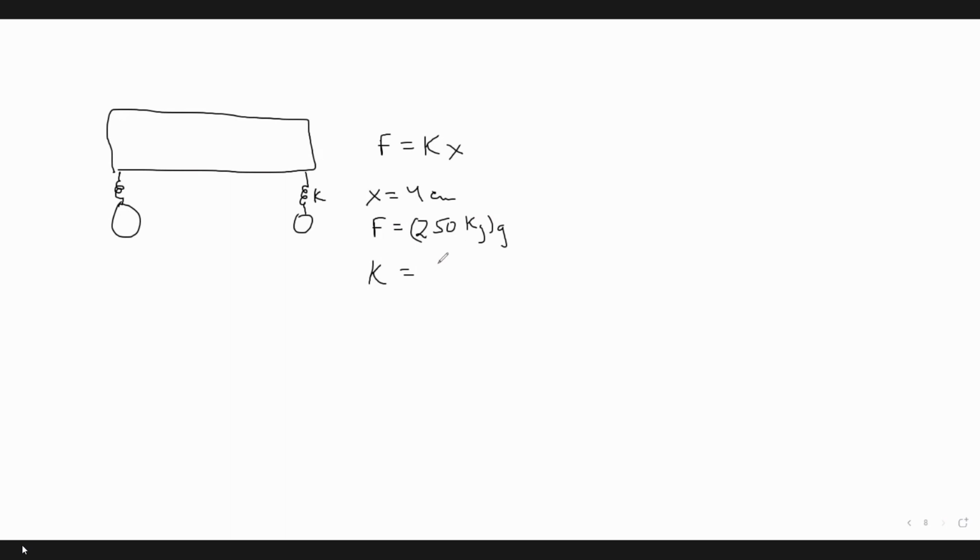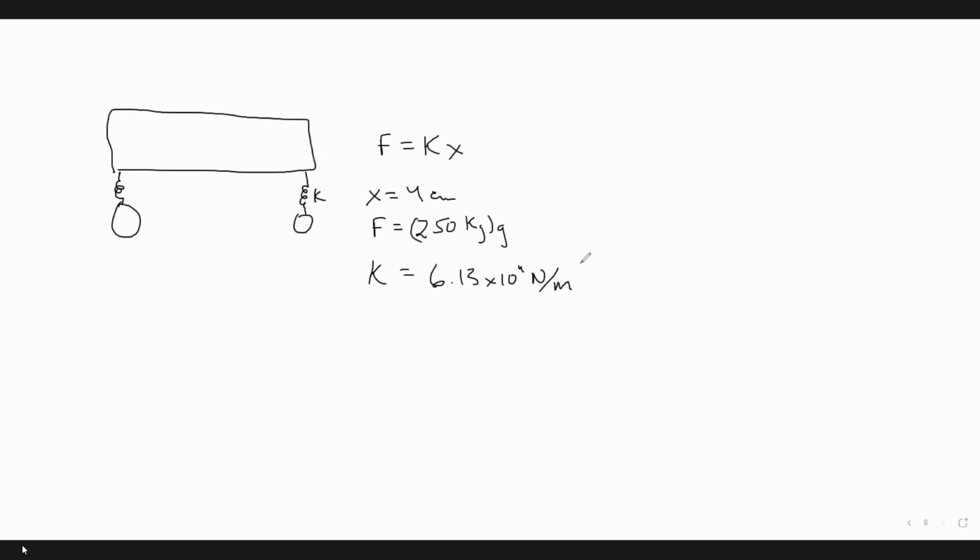Yes. So k is 6.13 times 10 to the 4 newtons per meter. Okay, now what's the rest of the problem? If the car has a period of vibration of 1.92 seconds, what is the period of vibration of the empty car?